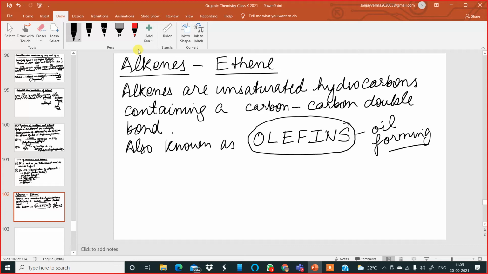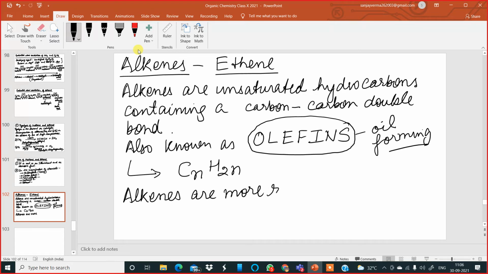Moreover, the general formula of alkenes is CnH2n. Now, with regard to the reactivity of alkenes, please remember that alkenes are more reactive than alkanes.